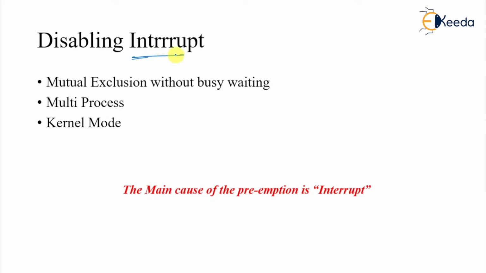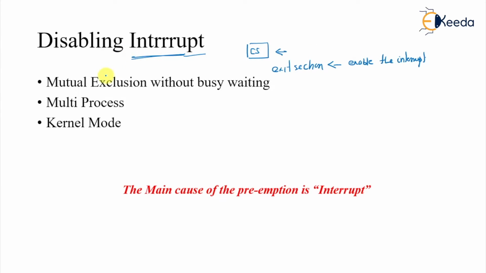If you disable the interrupt, then definitely that process will keep on executing until it completes its critical section. Disable the interrupt, let it complete the critical section, then in the exit section it will enable the interrupt again. That is the idea of the hardware part.